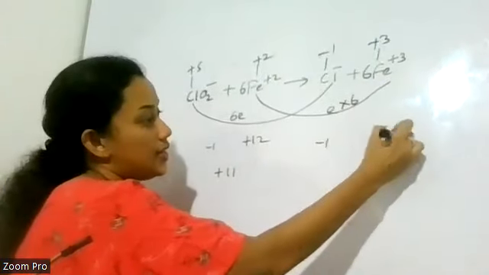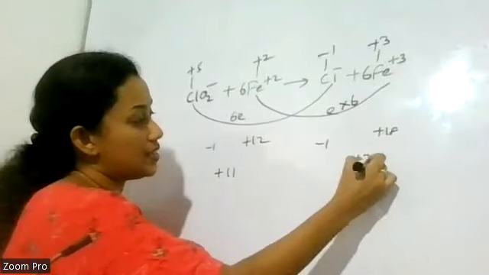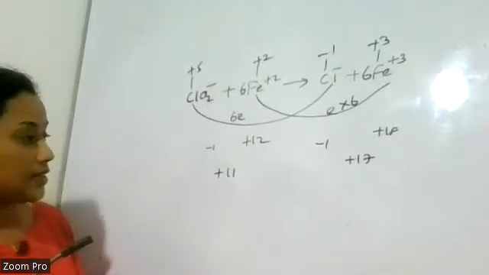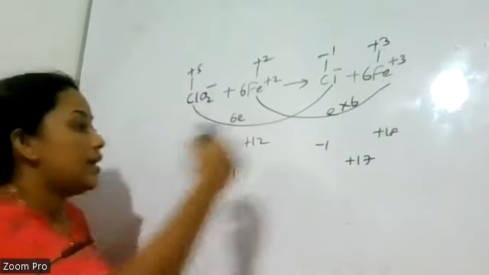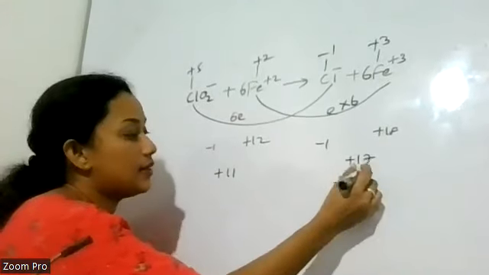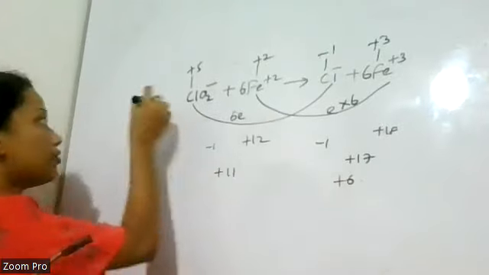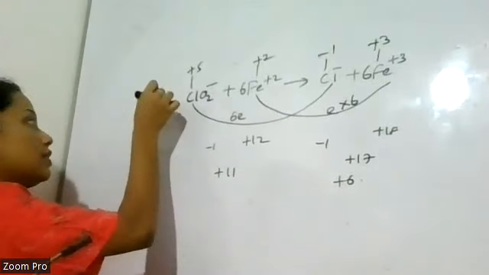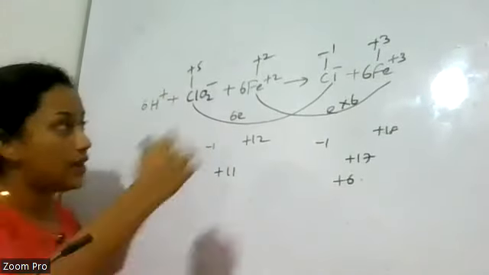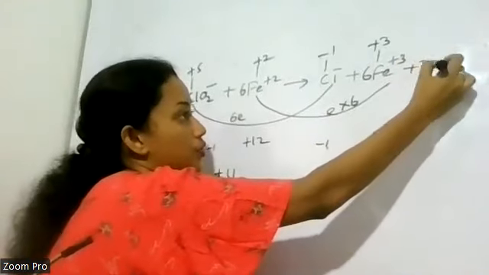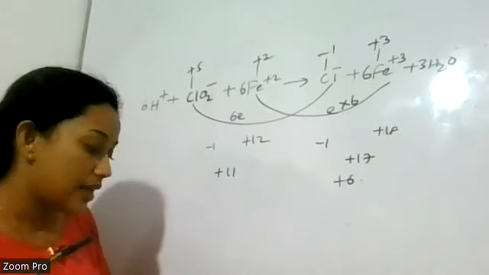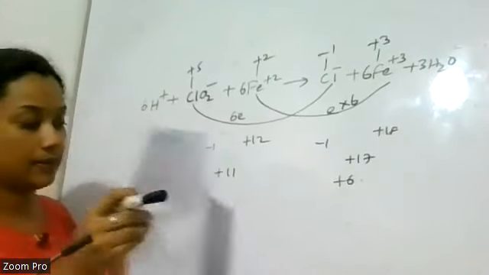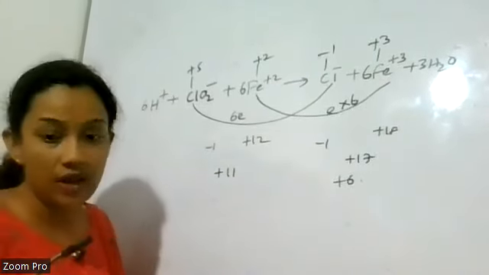Here plus 18, plus 18 minus 1 means plus 17. Here plus 6 additional charges are there. Therefore, to balance it, 6 H plus should be added and 3 H2O should be added to this part. That is how equations are balanced.